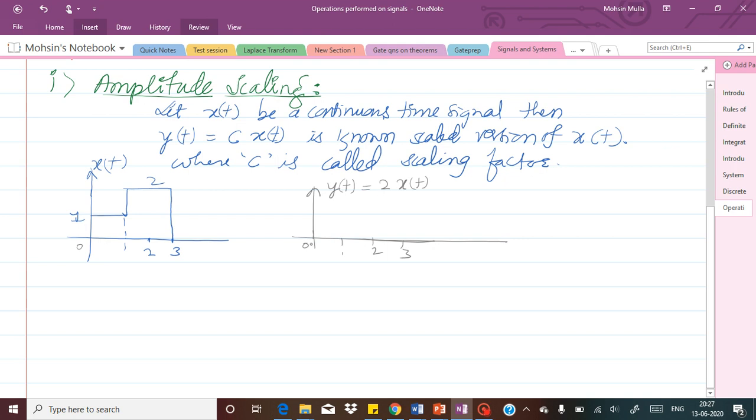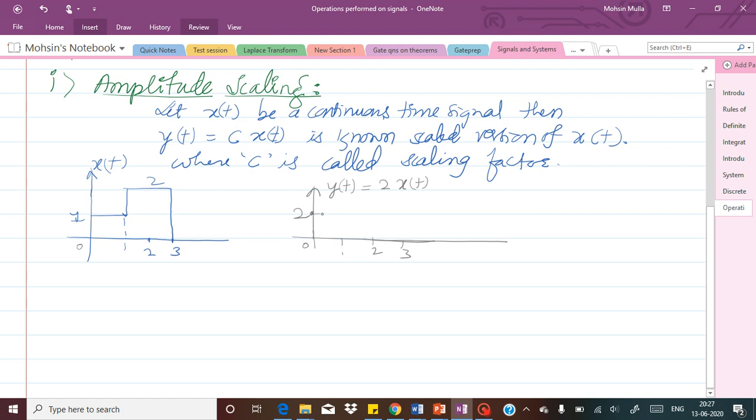Suppose at instant 0, the original magnitude of x of t is 1. If I multiply 2 with this 1, I am going to get 2 here. Don't bother about the shape, you can just write the magnitude as 2, so it will automatically indicate that the height is 2 units.